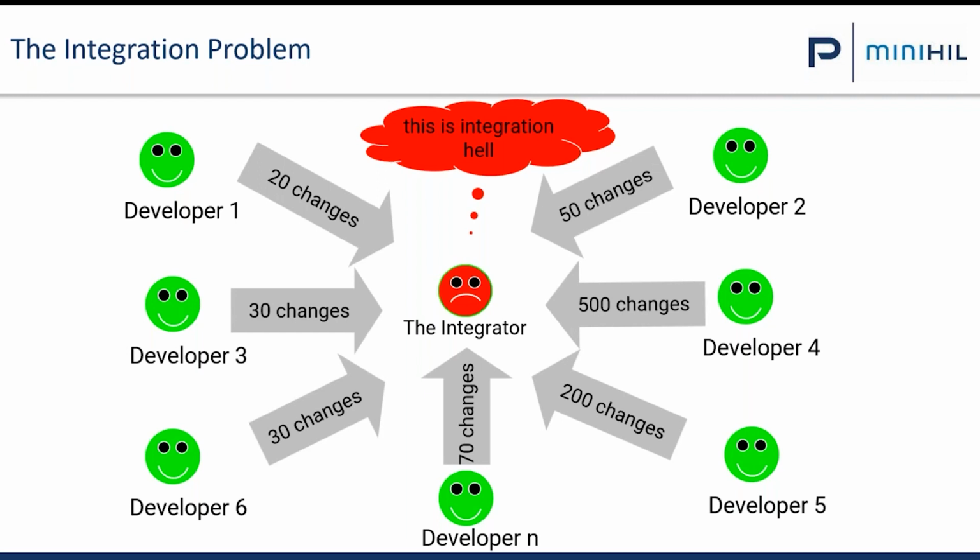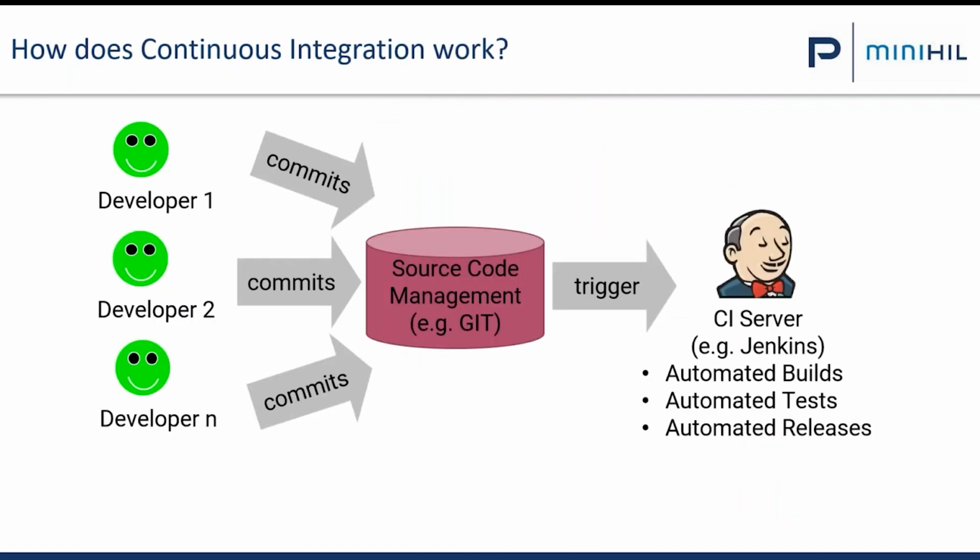And that's integration hell. So the idea is now to make those integrations whenever something is changed, so continuously. And that's what the continuous integration server is for. So every developer changes something, commits it to the source code management.